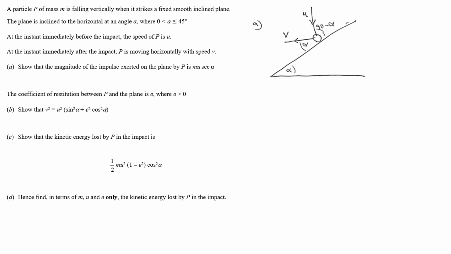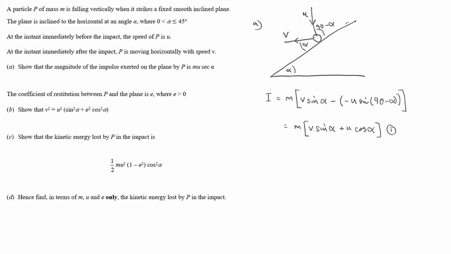So I just use alternate angles to say that on this question, it's actually moving parallel to the ground. So that's alpha as well. Right, so what do we have to show? Show that the magnitude of the impulse exerted on the plane by P is mu sec alpha.